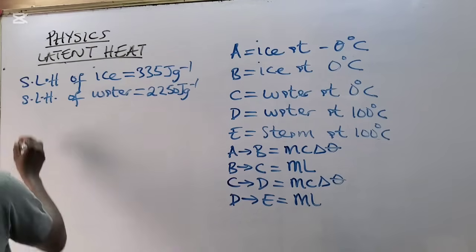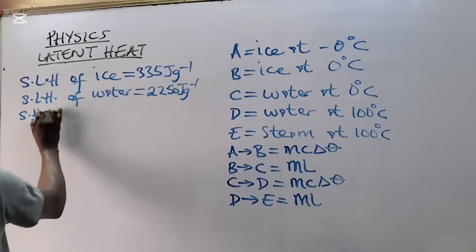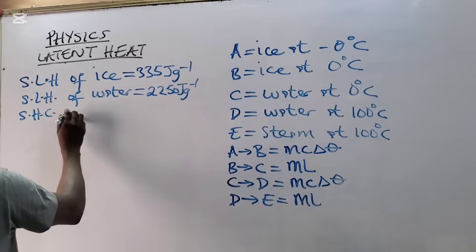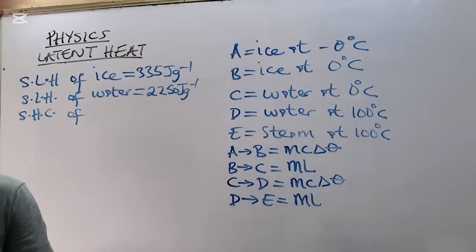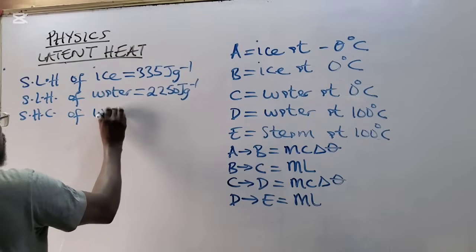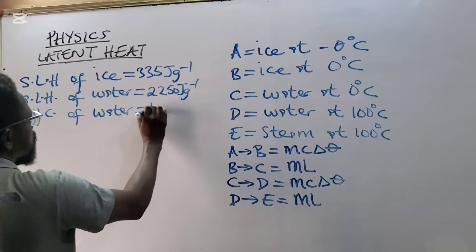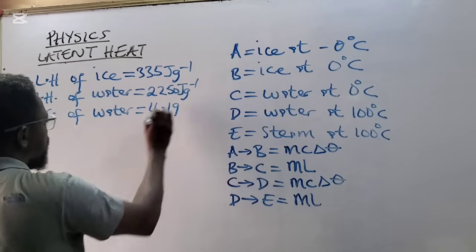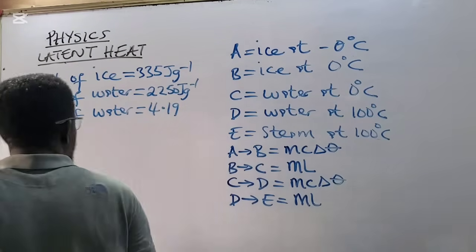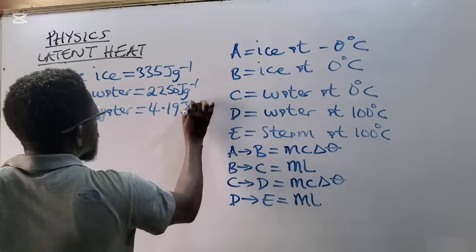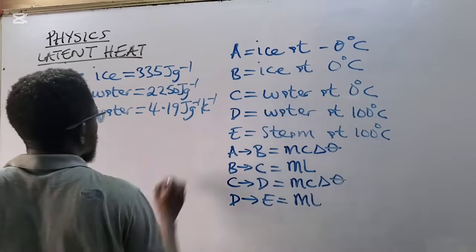Then specific heat capacity of water. I'm going to use 4.19 joules per gram per Kelvin.